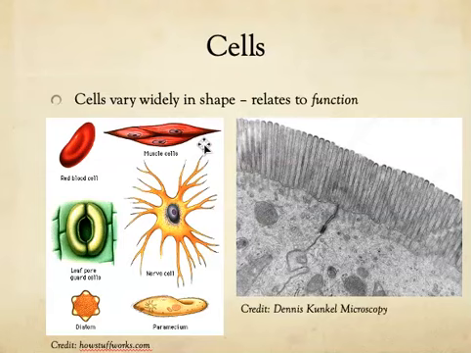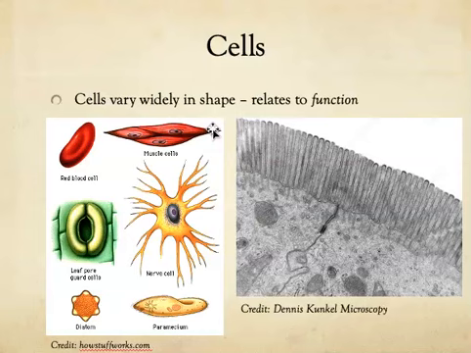It wouldn't make sense for a muscle fiber to be circular the way a red blood cell is. Instead, they are quite elongated, and that's why we call them fibers. As this elongated cell contracts, it literally shortens in its length. And as it relaxes, it gets longer.